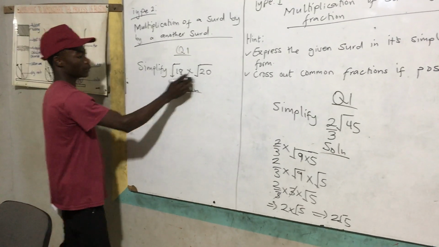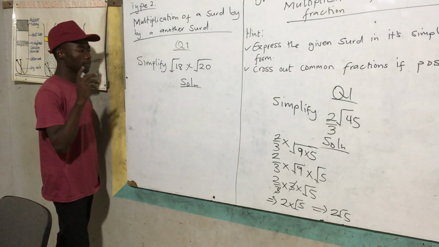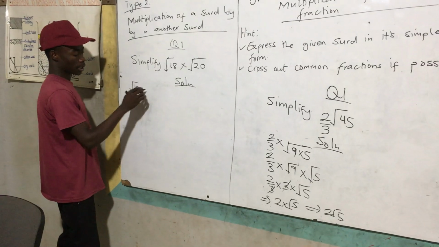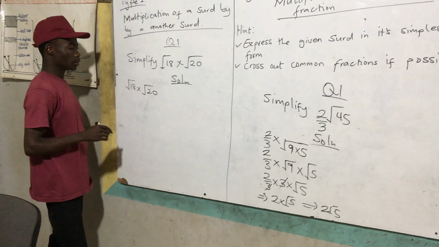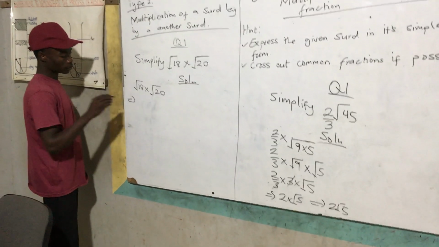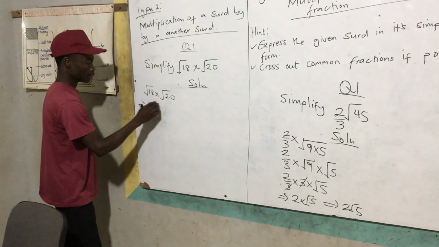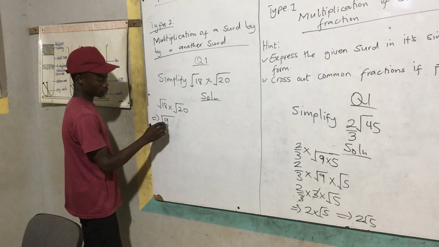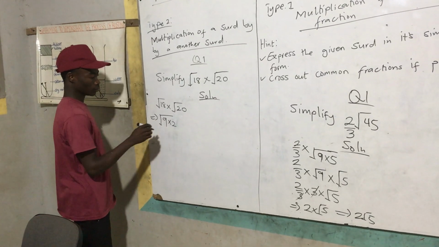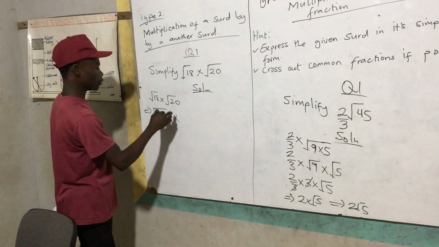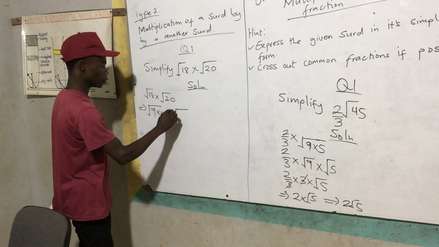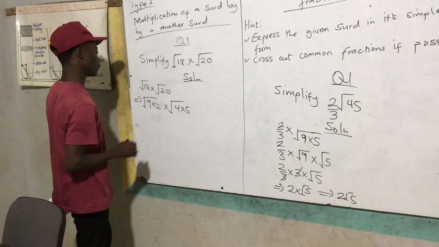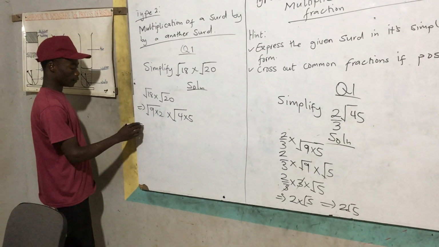Alright, so we are expressing it in its simplest form in the first place. So with root 18 times root 20, we need to break it down. So we have root 18, we have 9 times 2, times, we are breaking the root 20, so we have 4 times 5.